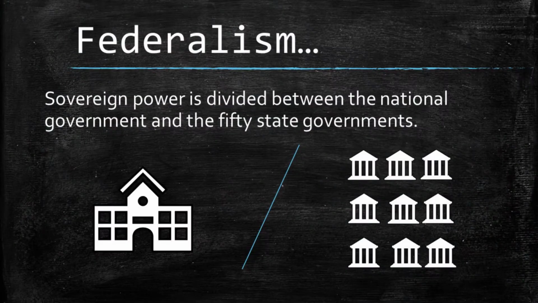And finally, we're going to look at the phenomenon known as the administrative state, essentially the professionals who run the government on a day-to-day basis, and how they interact with the legislative, executive, and judicial branches. So let's begin with this idea of federalism.